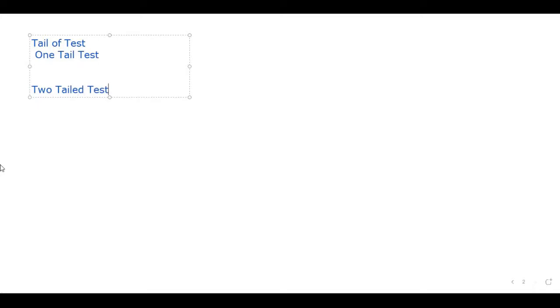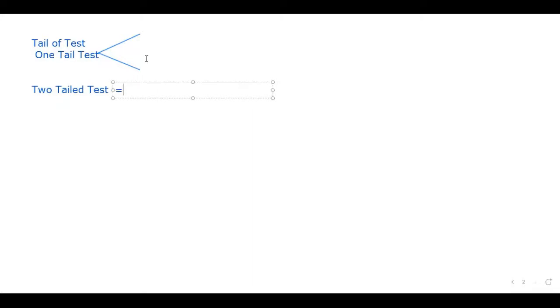The one tail test has the less than or equal to and the greater than or equal to signs. But the two tail test is only when you see the equal sign. You find it to be a two tail test only if you see the equal sign.